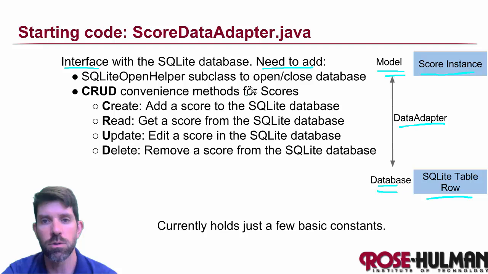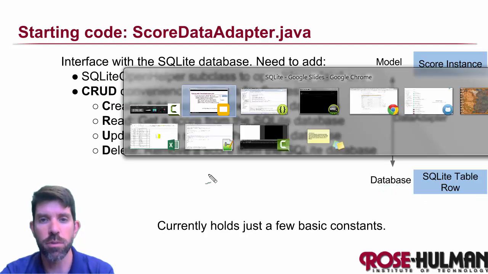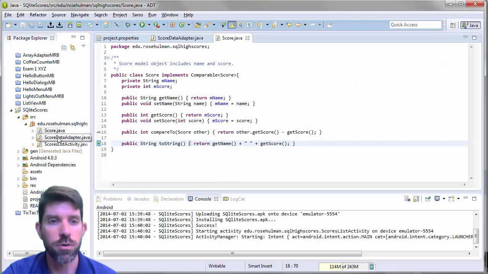We're going to need to open and close the database, and we'll actually create a class to do that. All of our methods for CRUD are going to happen in here. So there's a lot of work. If we look at it right now, there's not much there to get us started, really just a few constants.